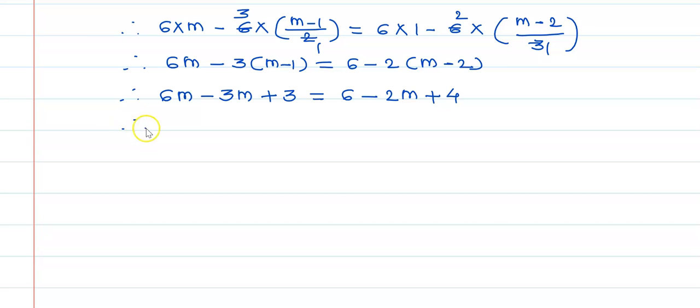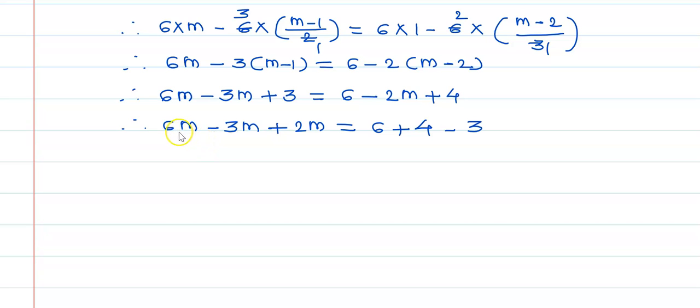Next is 6m minus 3m. Collect the terms of m on the left hand side: 6m minus 3m, transpose this minus 2m to the left hand side, it will become plus 2m, and the next is 6 plus 4 as it is, transpose this plus 3 to the right hand side, it will become minus.